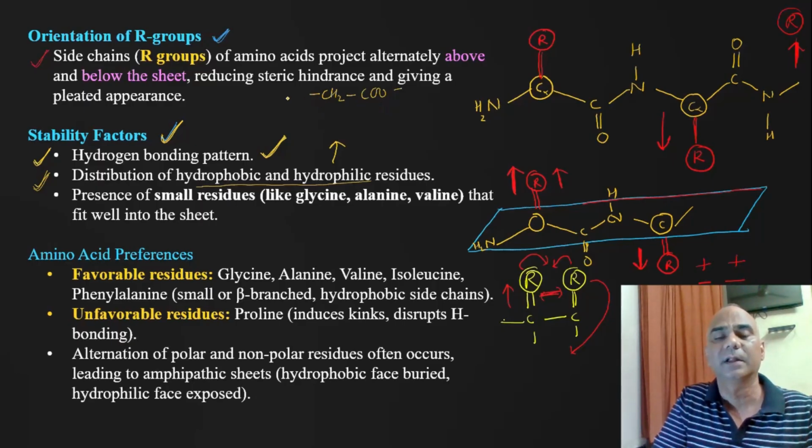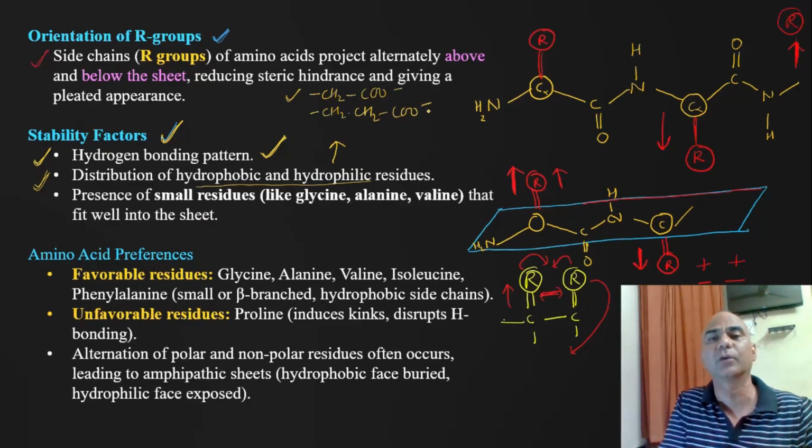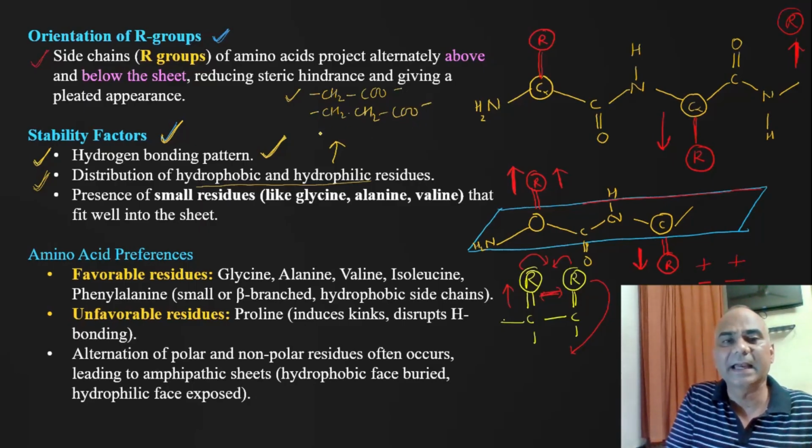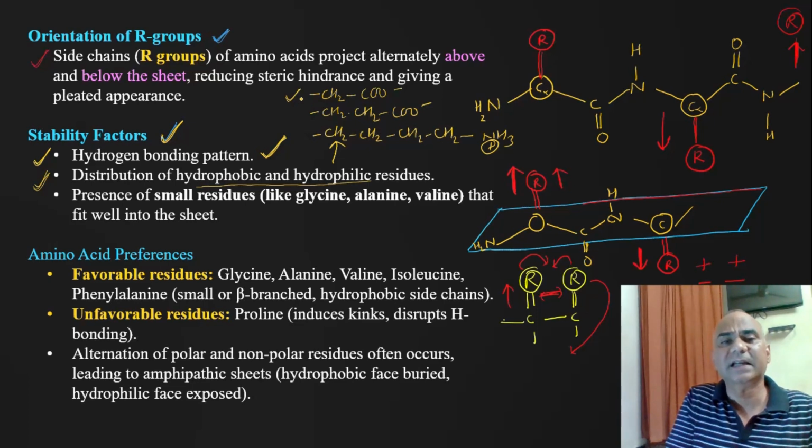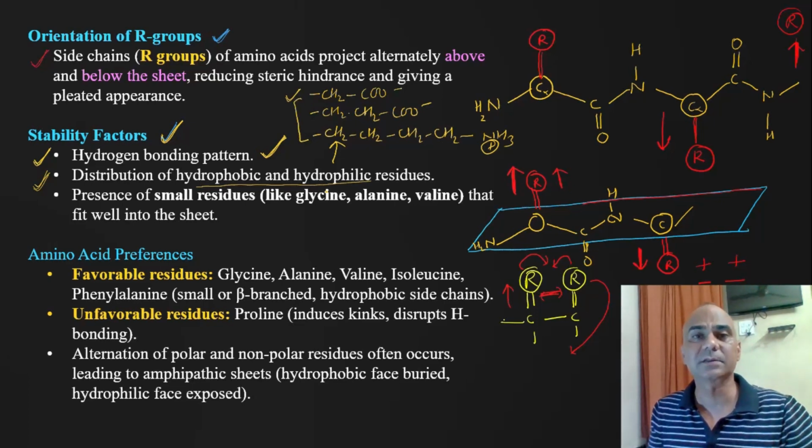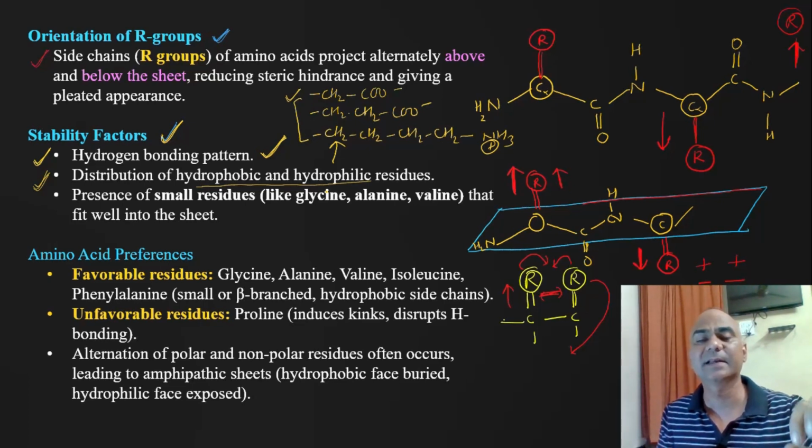The alkyl group of aspartic acid is CH2 and COO minus, and similarly CH2, CH2 and COO minus is the alkyl group of glutamic acid. And here I am drawing the alkyl group of lysine: four CH2 groups, and after that an NH3 plus. Such amino acids are charged or polar, which makes them hydrophilic residues that can attract water.